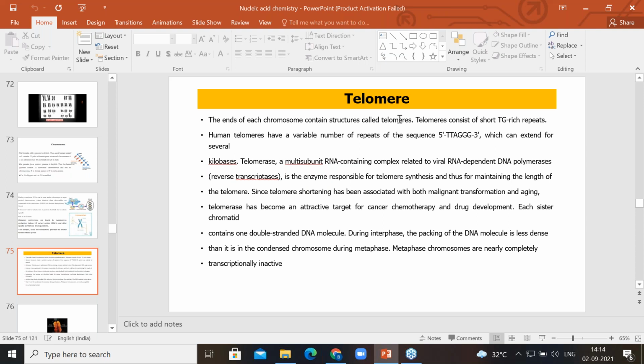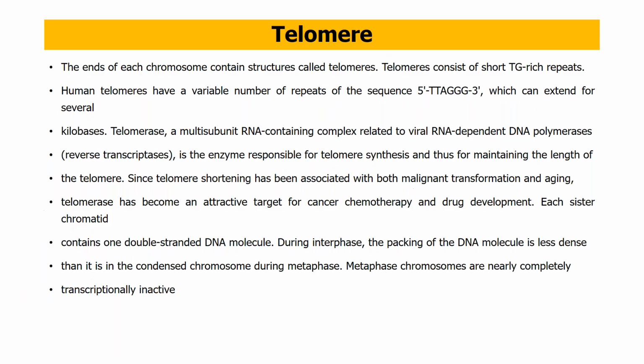The telomere consists of short TG-rich repeats, and the human telomere has variable number of repeats of the sequences. This is a particular sequence which is present in the telomeres, 5' to 3' direction में TTAGGG. This can extend for several more bases.